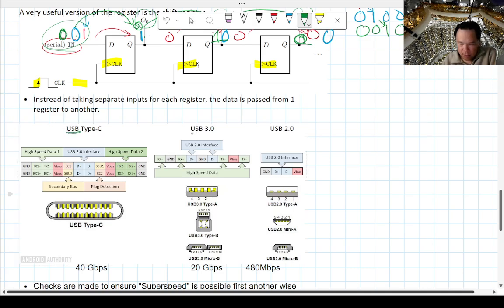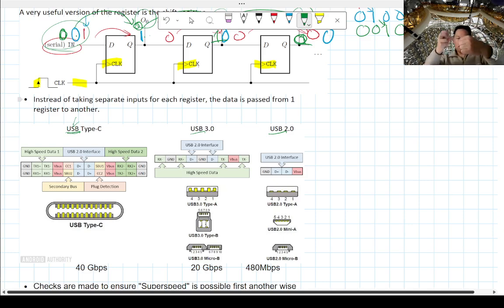So this is basically how your USB works. The S in USB stands for serial, so universal serial bus. And this is how your USB actually sends data into devices. It sends it one bit at a time.